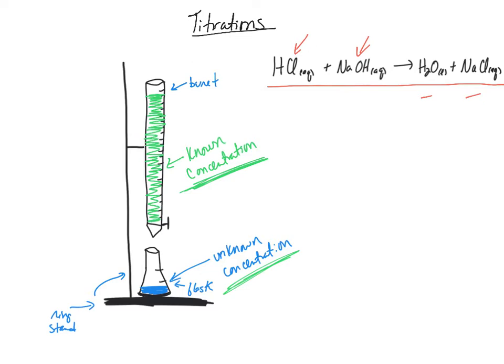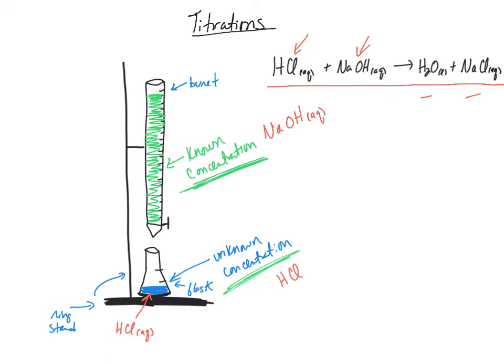Well, in this case today, we're going to put the NaOH in the known category. So we have NaOH in our burette, and we're going to take HCl and put it in the unknown category. So that's what this guy has. It's HCl that is aqueous. In other words, you have it in water. And the NaOH up here is also aqueous, and it is in water.